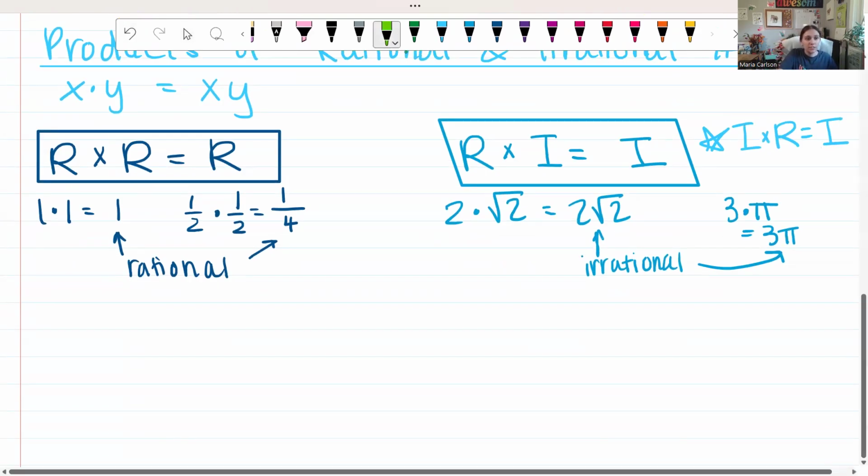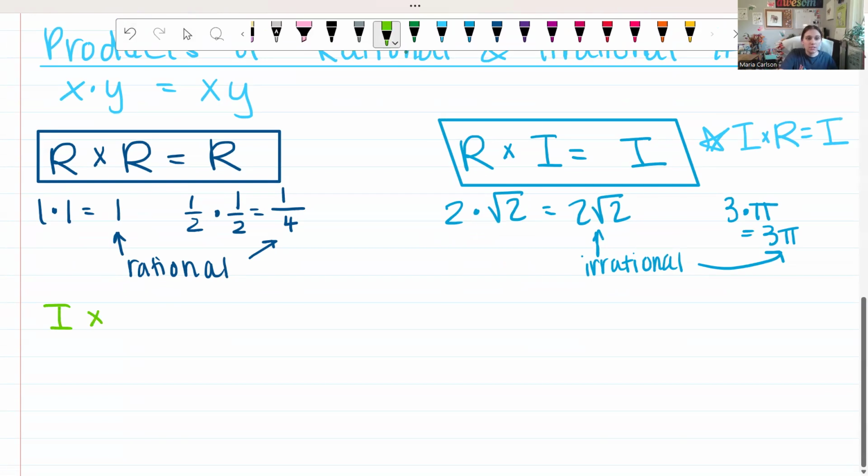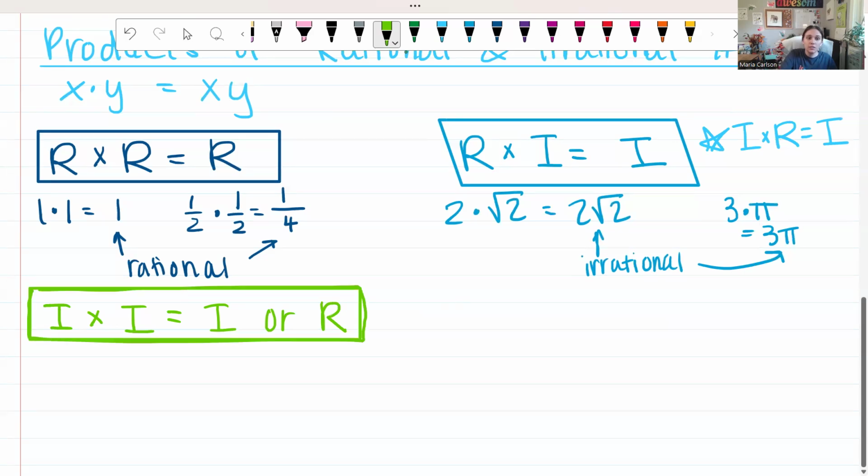Finally, if you have an irrational number times an irrational number, that could be irrational or it could be rational. Same as when we were adding, it could be either or. So sometimes an irrational times an irrational number is an irrational number.